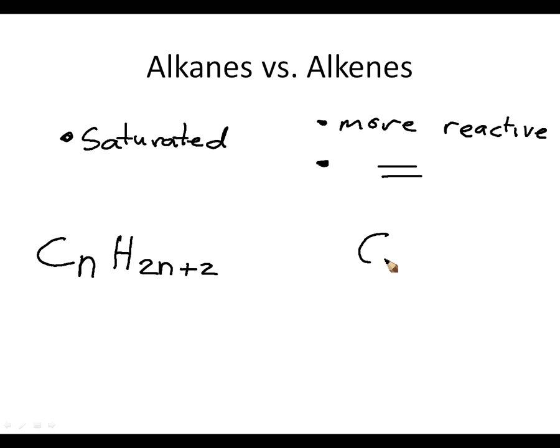Whereas alkenes have Cn, whatever number of carbons, they will have twice the number of hydrogens. So they always have 2 less hydrogens. They don't have that plus 2 in each molecule of alkenes.